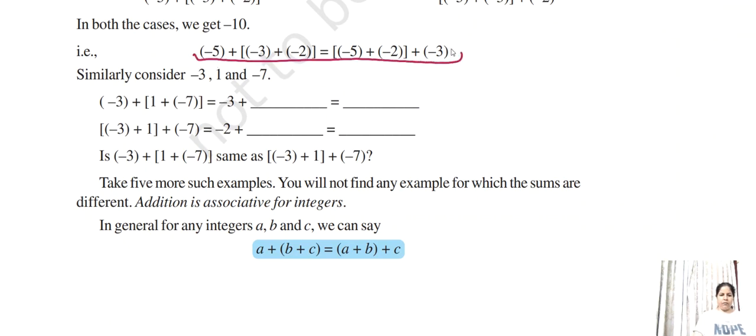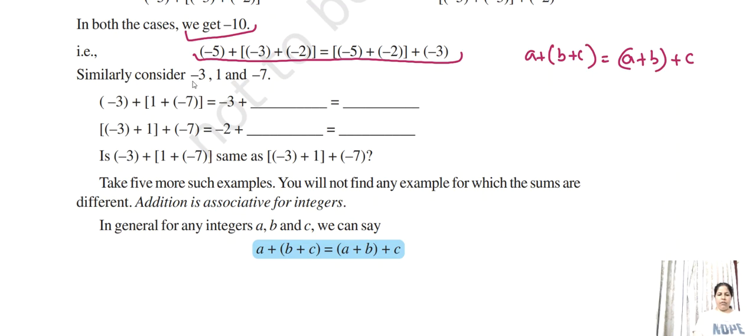So we can say that a plus b plus c is equal to a plus b plus c. So we can see that addition of integers is also following the associative rule.